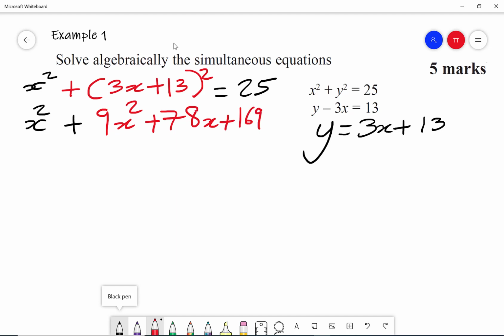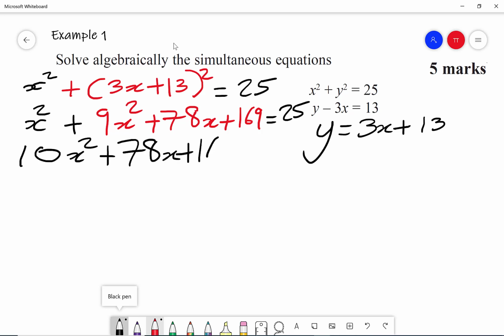Now that is equal to 25. So what we can do here is simplify this. x squared plus 9x squared will give me 10x squared plus 78x plus 169 minus 25 equals 0.